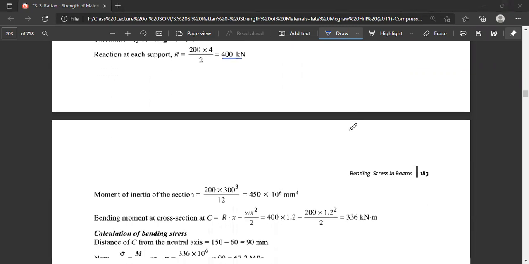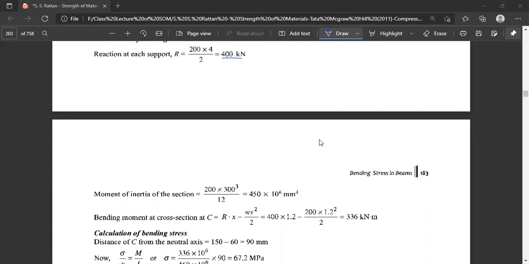Now, the moment of inertia of the section is b d cubed by 12, where b is 200 and d is 300, which gives 450 multiplied by 10 to the power 6 millimeter to the power 4.